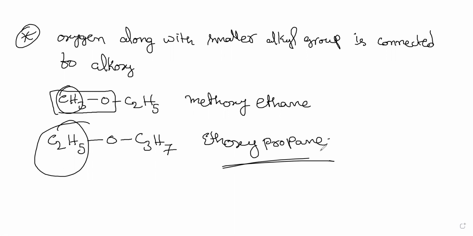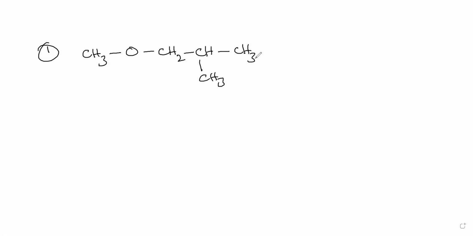Now we'll solve one question. I feel sometimes they're asking this for ethers. That's why I want to do the IUPAC also. The first one is CH3O CH2 CH single bond CH3 CH3. It is given like this.